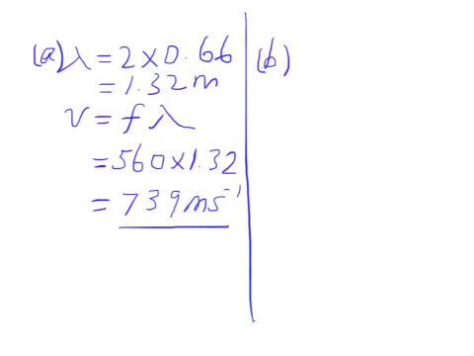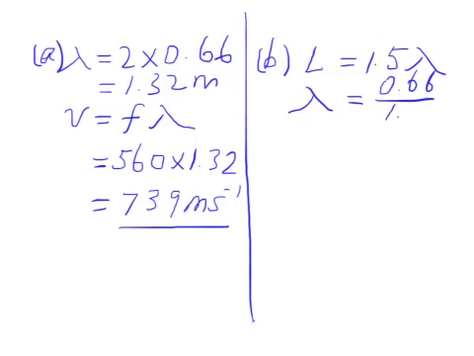That's the answer. Question B, that's dealing with third harmonic. So the length of the string is equal to 1.5 times the wavelength. So wavelength is the length of string divided by 1.5, which gives you 0.44 meters.